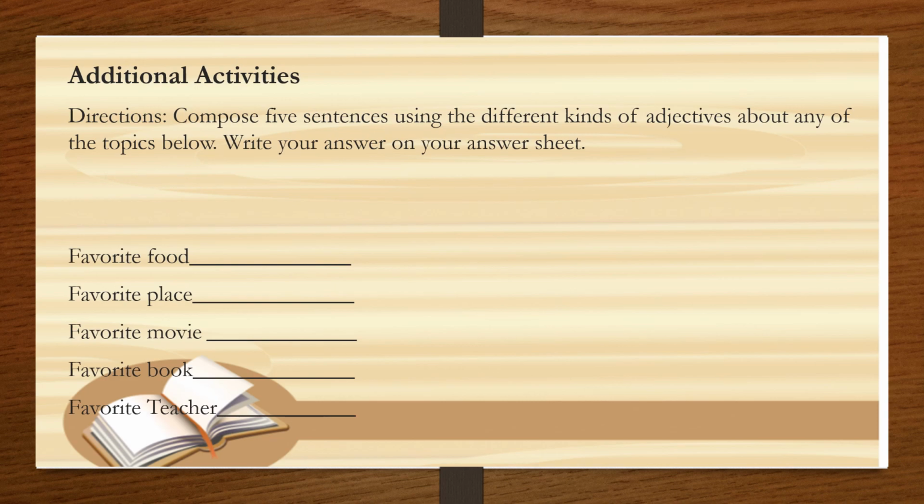For your additional activities, compose 5 sentences using the different kinds of adjectives about any of the topics below. Write your answer on your answer sheet. So you could choose favorite food, favorite place, favorite movie, favorite book, or favorite teacher.